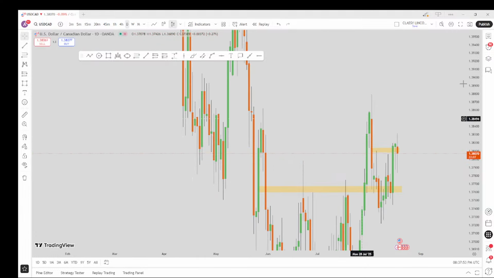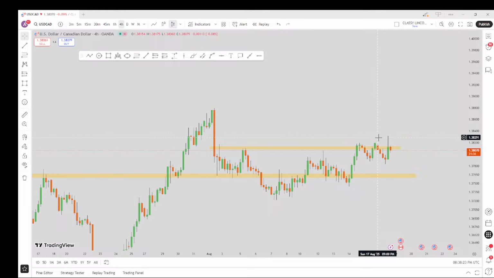So what we are anticipating right now is USD CAD to trend to the upside. I'm expecting a lot of bullishness in USD because of the news that has gone on, the meetings that Trump has had and all that. So I'm expecting more pump on USD.